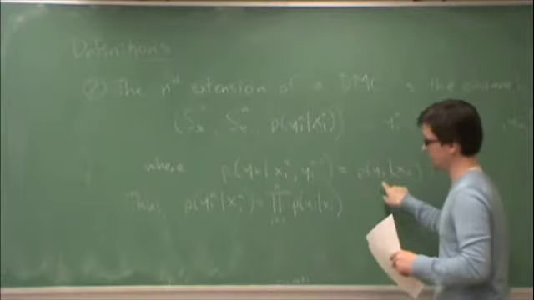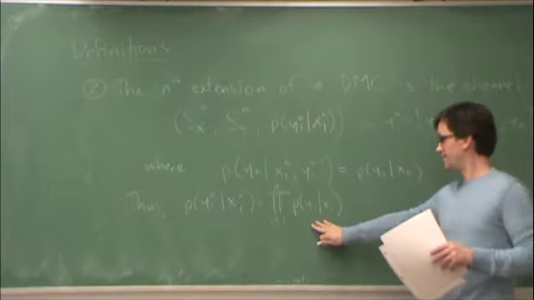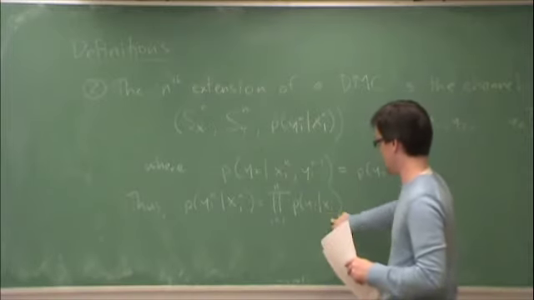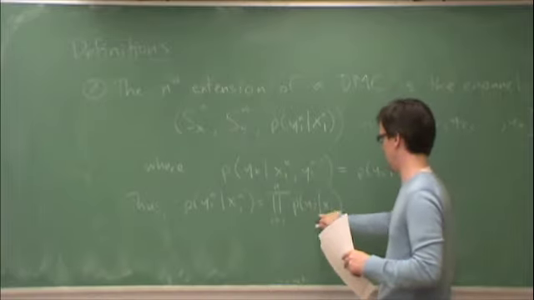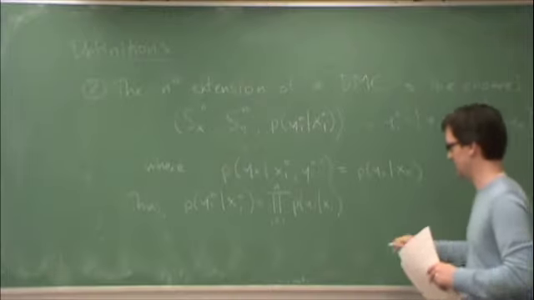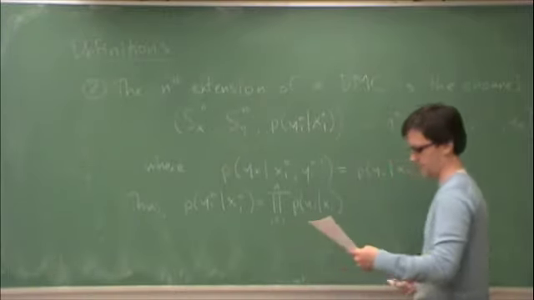Because this is true, I can separate this product into each individual time instant. The probability of the output given the input is independent. It's a discrete memoryless channel, so each of these channel uses is independent from each other. So therefore I can write this product.